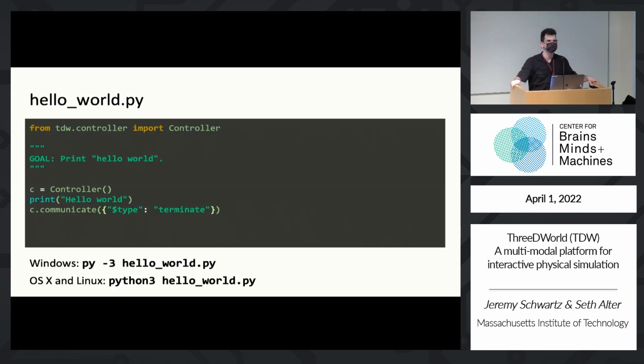But the other thing that's going to happen is that you'll see a window pop up, and that's the simulator application. That window is going to pop up and disappear, and you'll see the words "Hello World." And if all that happens, then everything's working just fine.